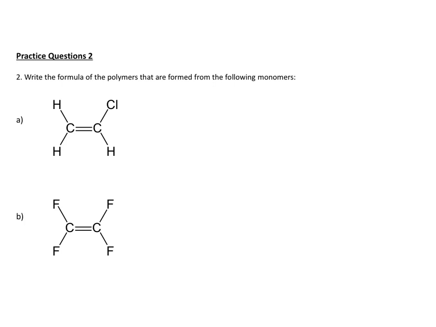So for example, for part A, the double bond will be broken, and each carbon atom will form new bonds with other monomers. So to represent this as a polymer, we would first write the atoms in this format.